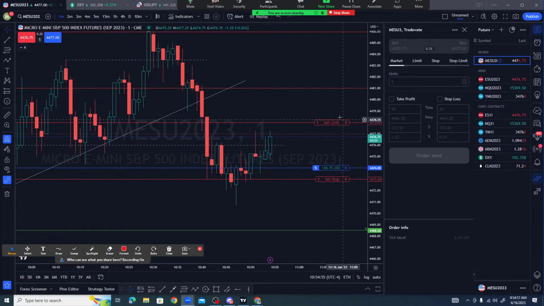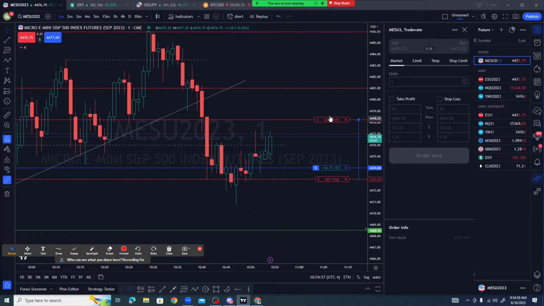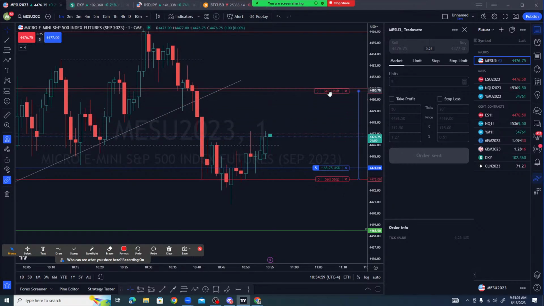So I like the move that it's making here. In fact, I like it so much, I'm going to move my target up, and then I'm going to get out 3 points at this structure. Try and take partials here. Oh, man.